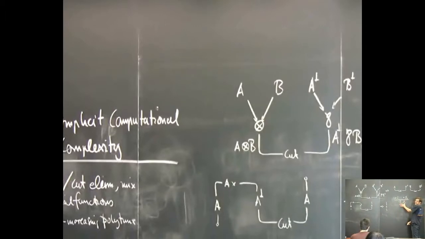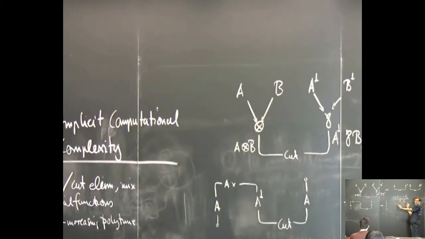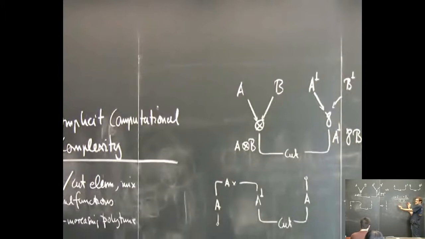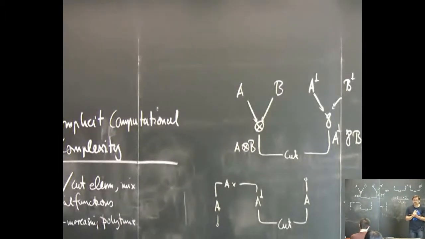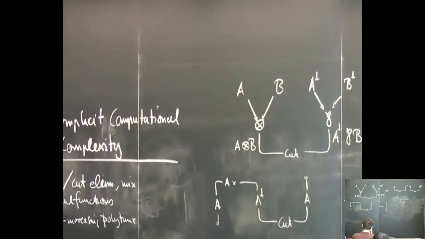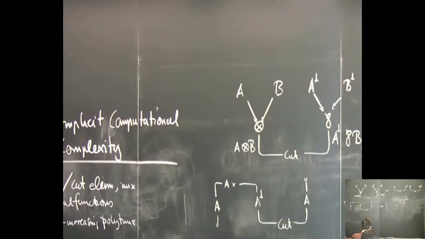You just construct one for this by putting them next to each other. So the only thing that you're losing is connectedness. So it's fairly easy to integrate, and these results about cut and no commuting conversions and so on continue to hold if you have the mix rule. So proof nets that model mix are just like the ordinary proof nets, except they don't have to be connected.